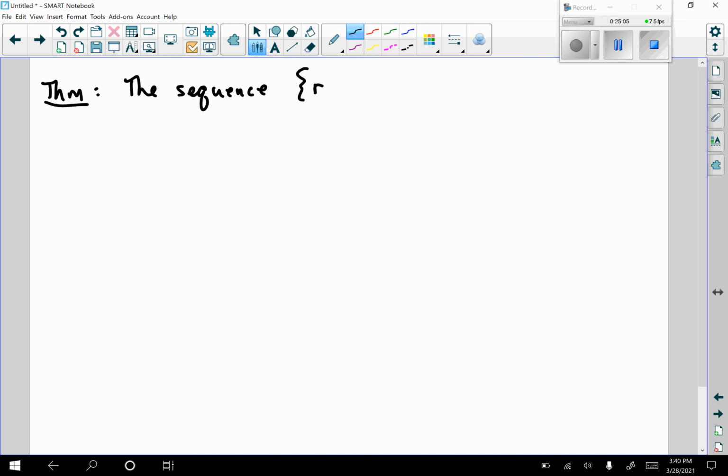All right, the sequence r to the nth power is convergent if r is greater than -1 and less than or equal to 1, and divergent for all other values of r.